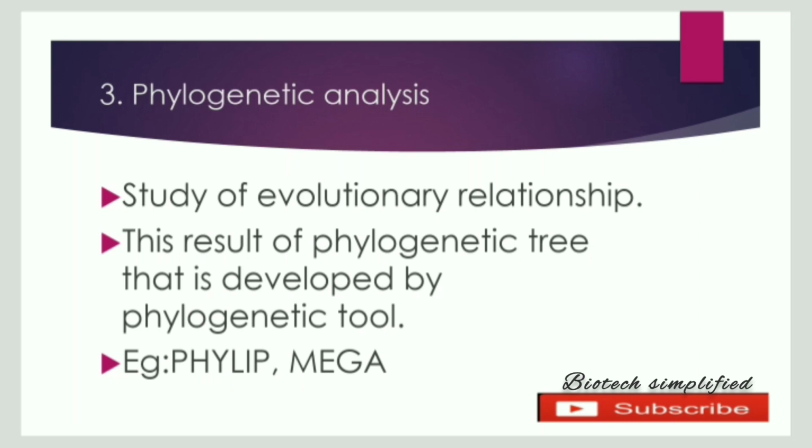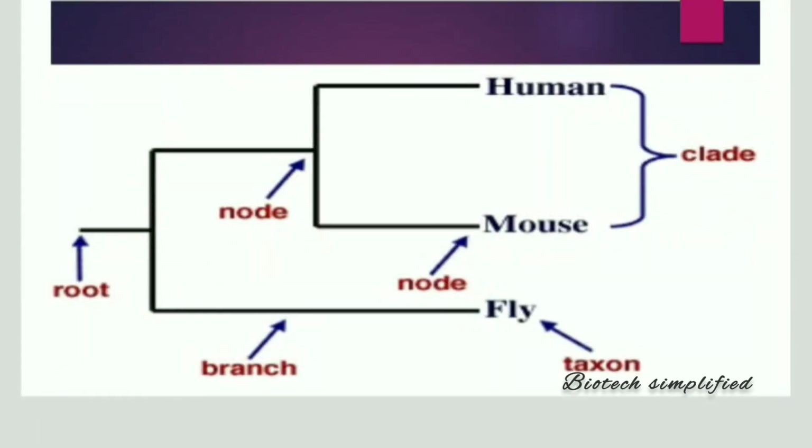These are the two common tools used in phylogenetic analysis. So this is a phylogenetic tree. The parts of a phylogenetic tree are root, branch, taxon, node, and clade.